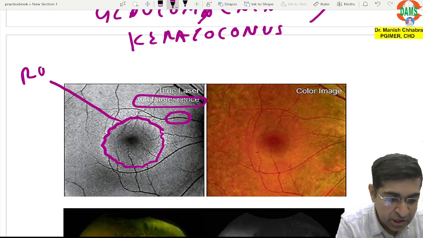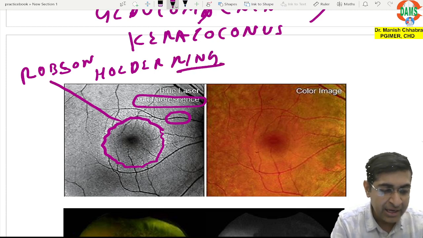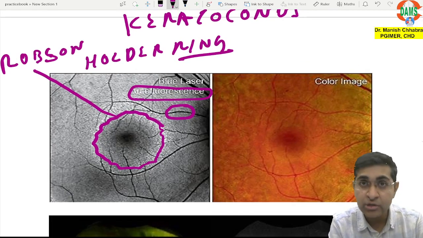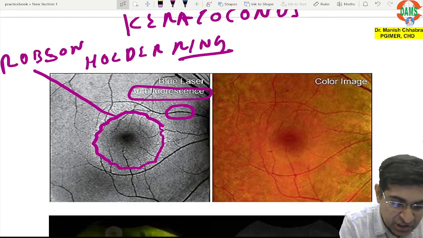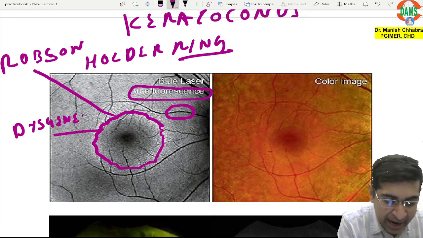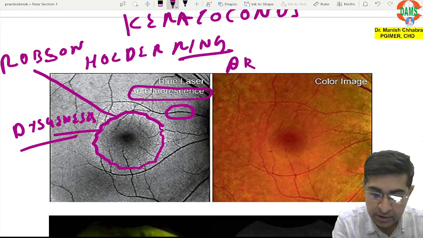You call it as Robson Holder ring. This is your Robson Holder ring, and it represents the border of active outer segment dysgenesis. So this border is actually dysgenesis, and there is abnormal lipofuscin production.